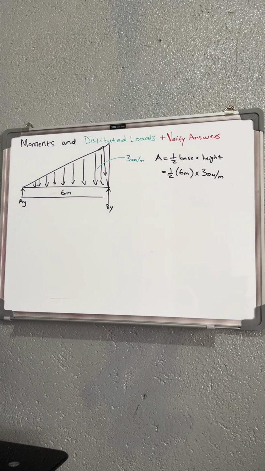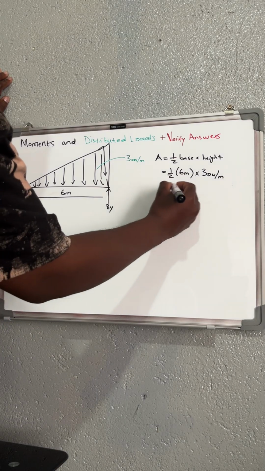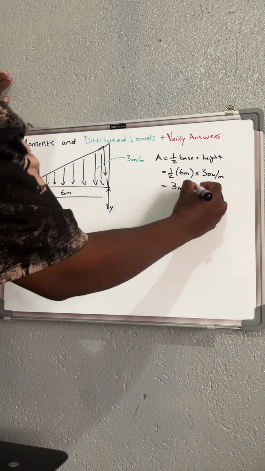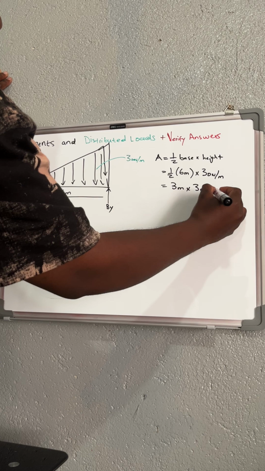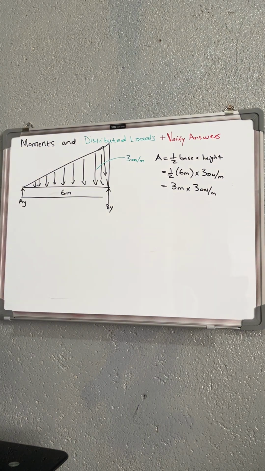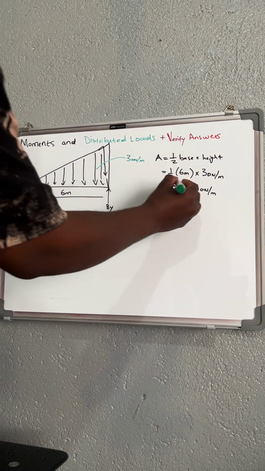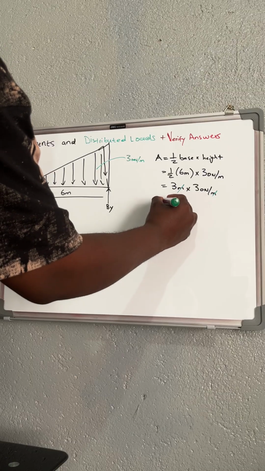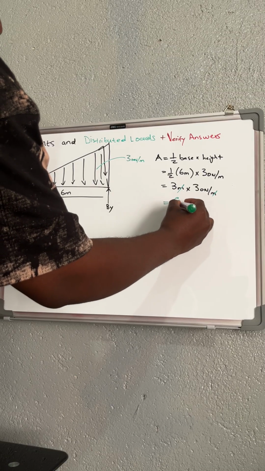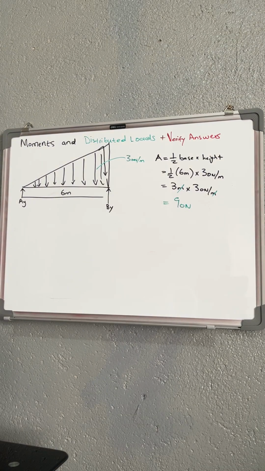Half of 6 is going to be 3 meters multiplied by 30 Newton per meter. Then you can see that this meter cancels this meter, and you're going to be left with your 90 Newton.